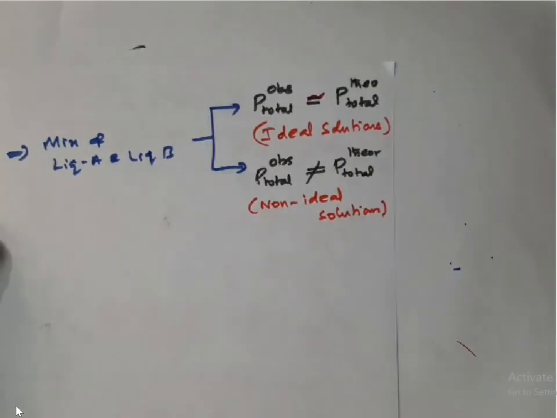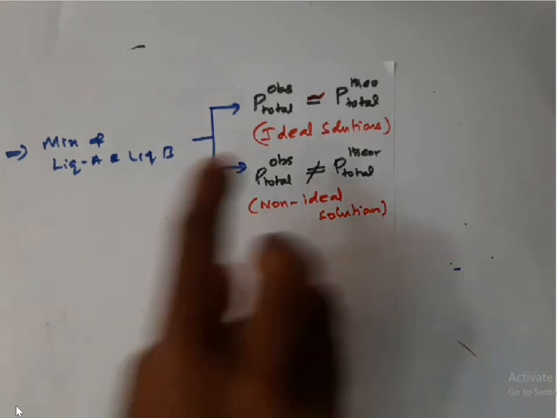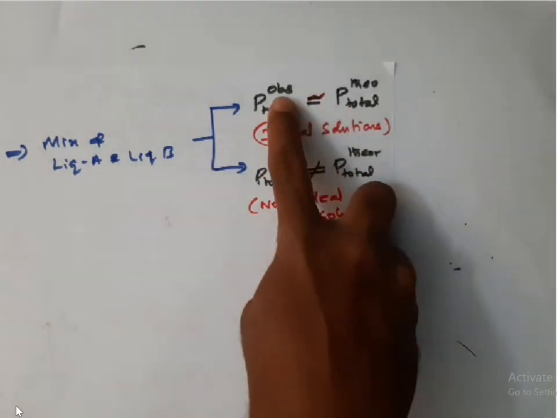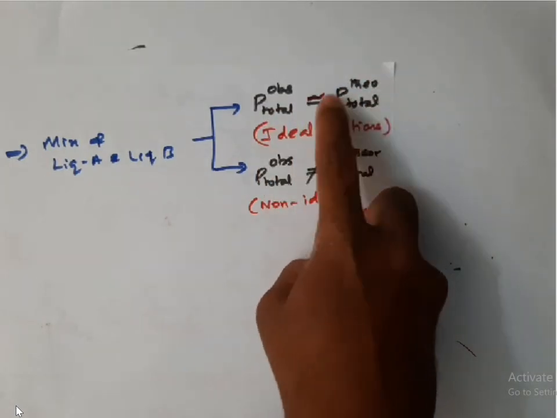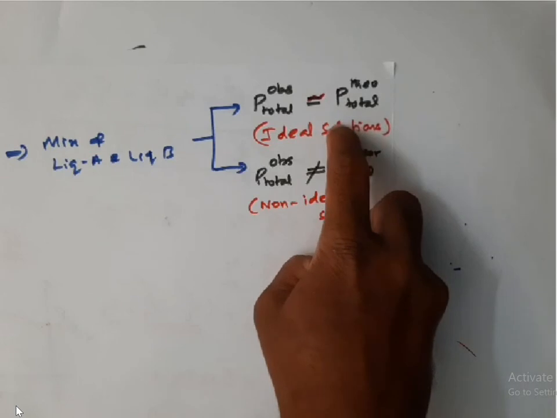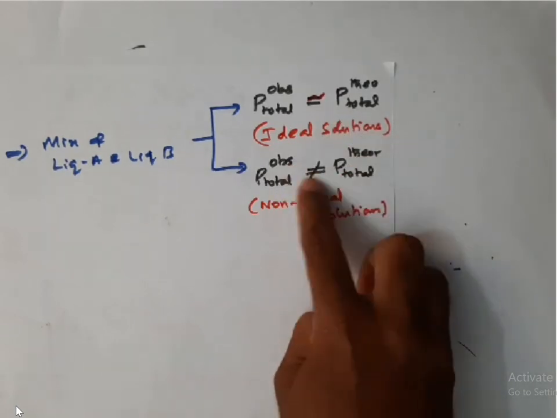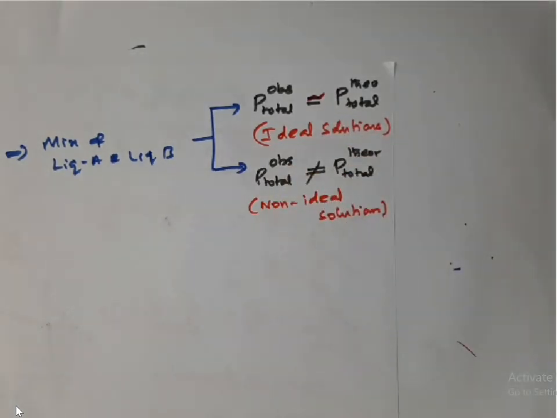What is meant by ideal solution, students? When can we call a solution ideal? When the observed P total equals theoretical P total. If these two are equal, we call the solution an ideal solution. If they are not equal, we call the solution non-ideal.